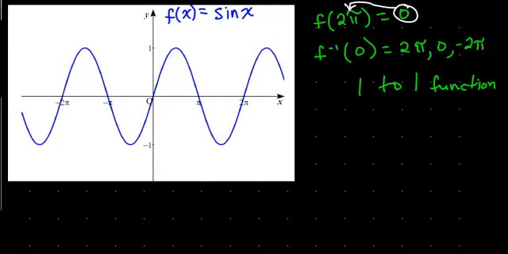Mathematicians, scientists, and engineers over the years have agreed that we restrict it to this domain here: negative pi over 2 to pi over 2.